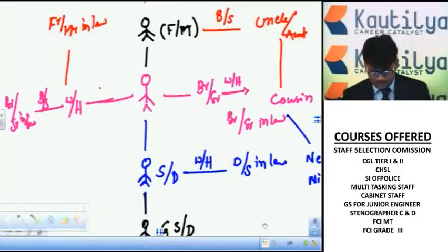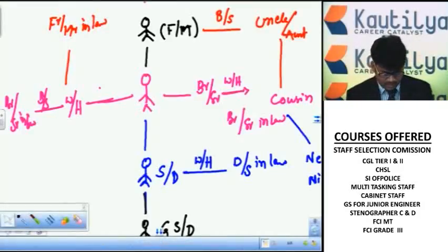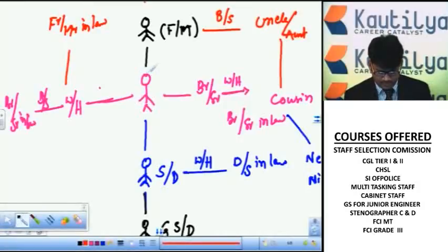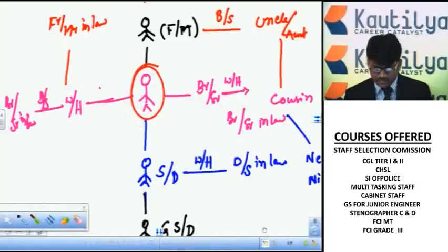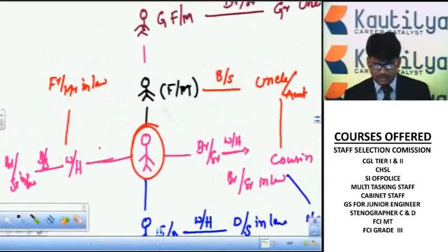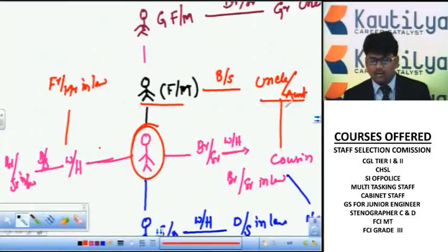First, the person is ourself here. Our upward direction person is father or mother. That person's brother or sister is called uncle or aunt.